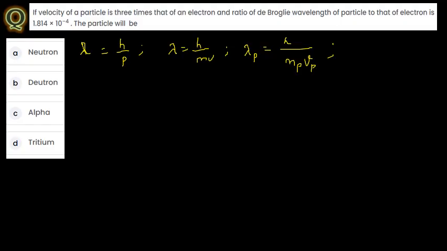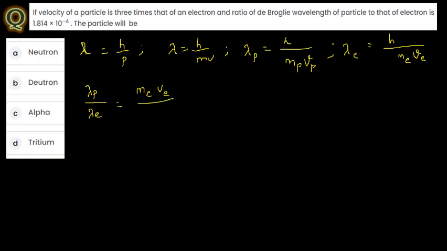Similarly, lambda of the electron is h divided by the mass of the electron and the velocity of the electron. Now see, they have given the ratio of the wavelength of the particle to the wavelength of the electron. So from here h and h will be cancelled. So what you have here is the mass of electron and velocity of electron.